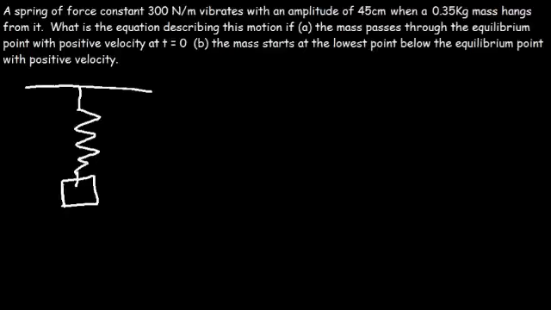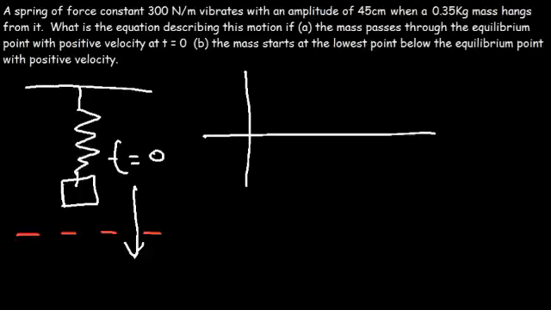Now, there are 4 ways that the system can start. It can start above the equilibrium position, in which case it has no choice but to go downward. So at t equals 0, for this particular situation, it has negative velocity because it's going in the negative y direction.